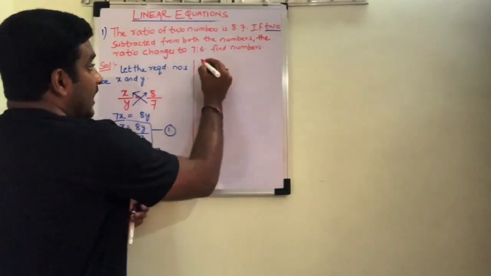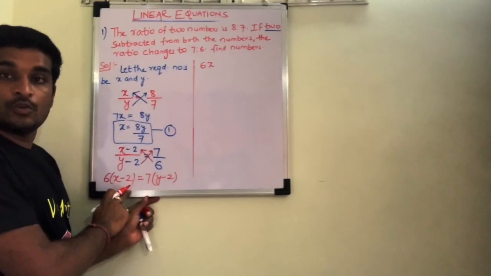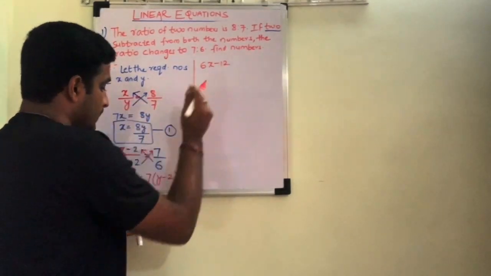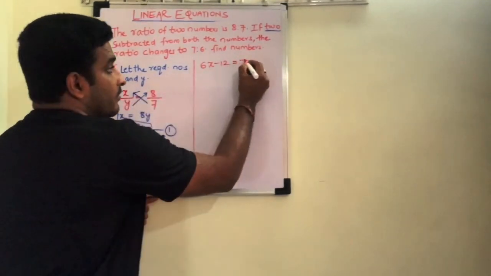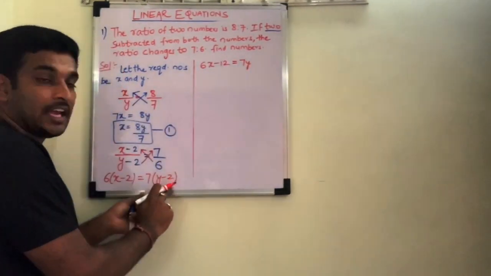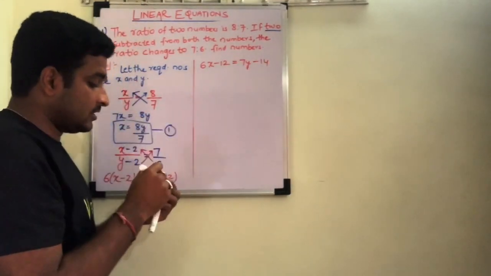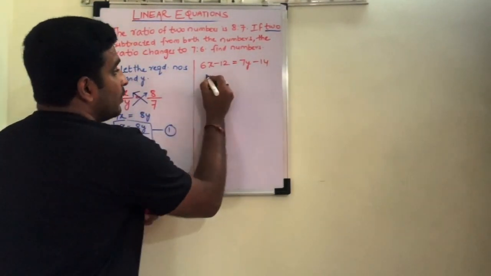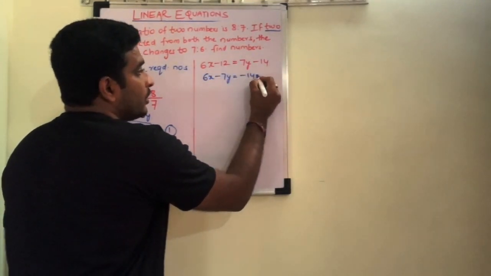Then 6 times (x minus 2) will become 6x, 6 into minus 2 will become minus 12, equals 7 times y, which is 7y, minus 7 times 2, which is minus 14. When we solve this equation, it will be 6x minus 7y equals minus 14 plus 12.